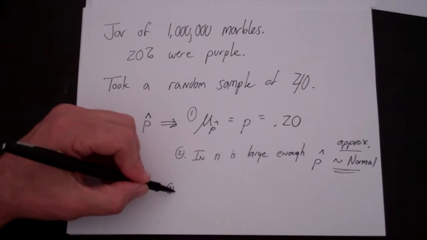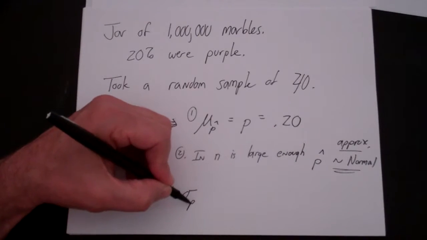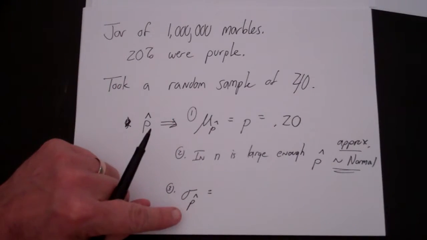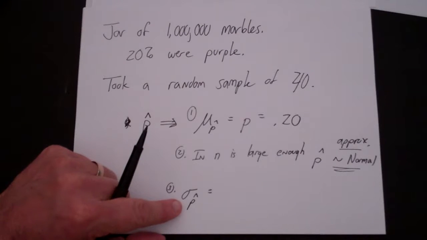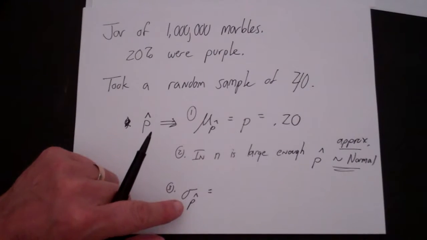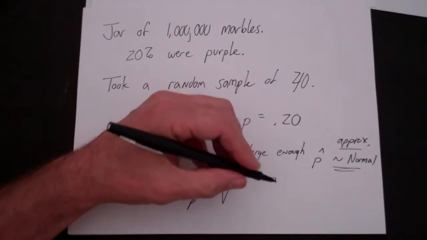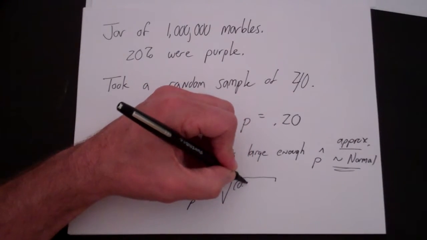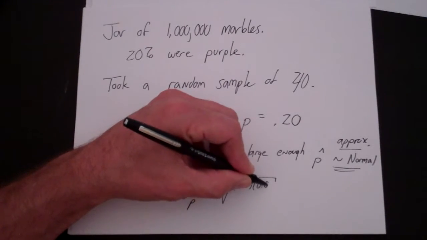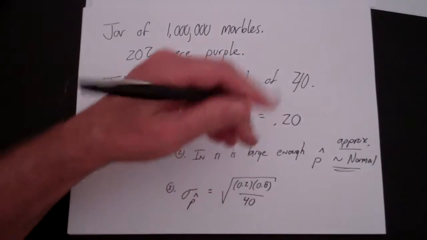The third thing you know is sigma p-hat. Let's make sure we know what that is: the variability, measured by standard deviation, of the estimator will equal the square root of 0.2 times 0.8 over 40.